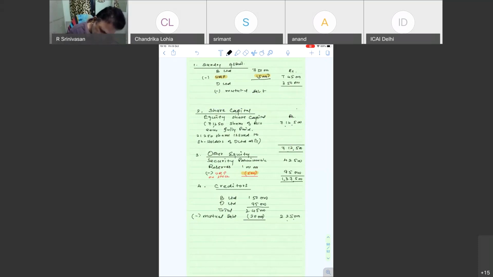Minus mutual debt, 20,000. This is the amount we have to show.